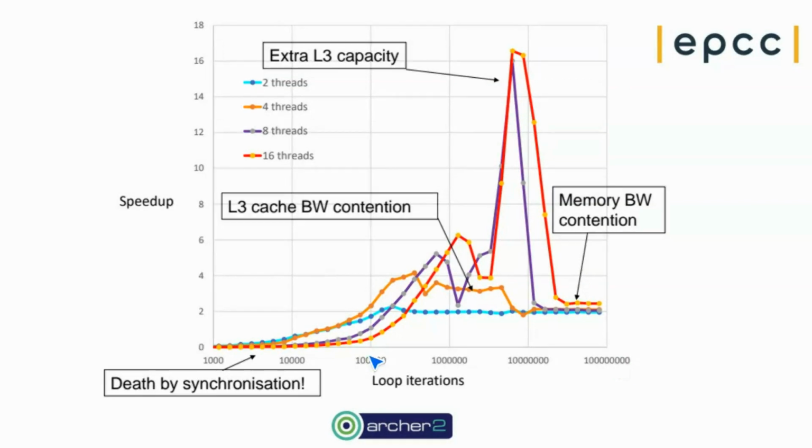I plot a different line for 2, 4, 8, and 16 threads. What can you see? For small values of n, we actually get significant slowdown. The speedup is much less than 1.